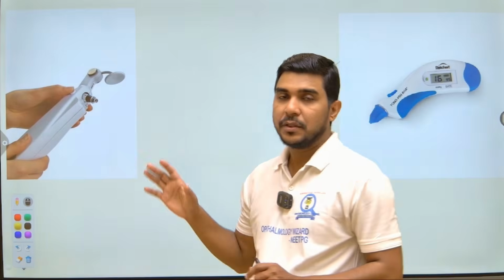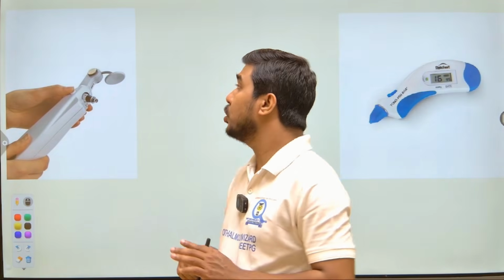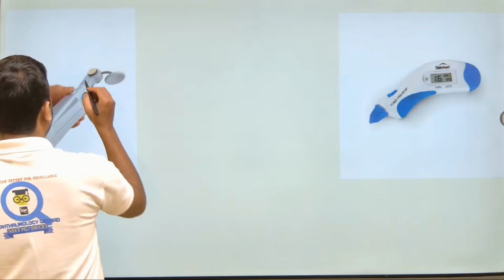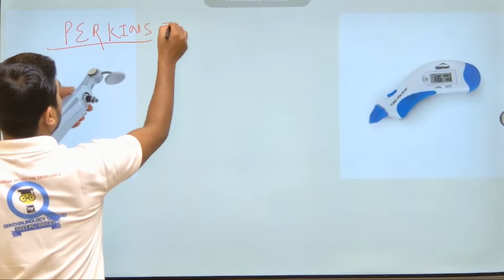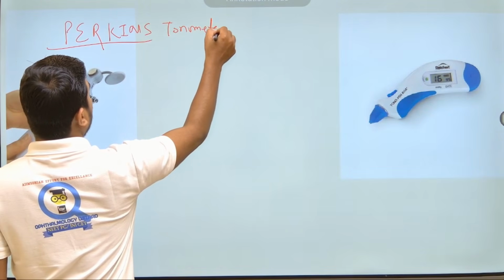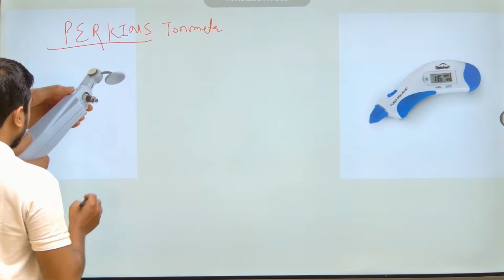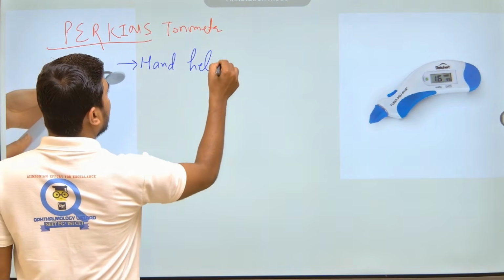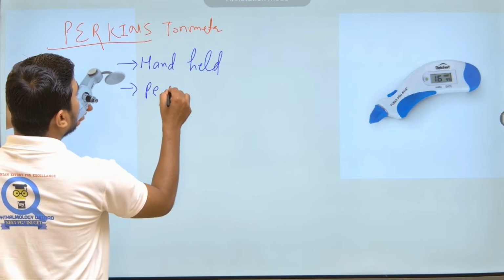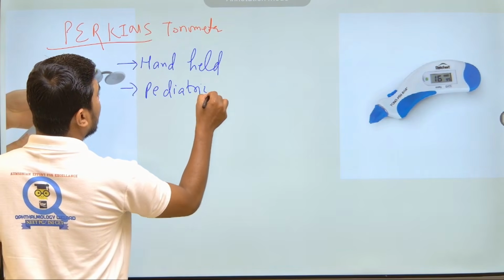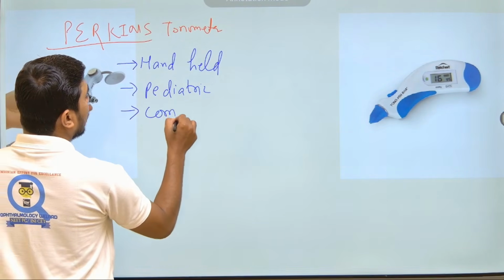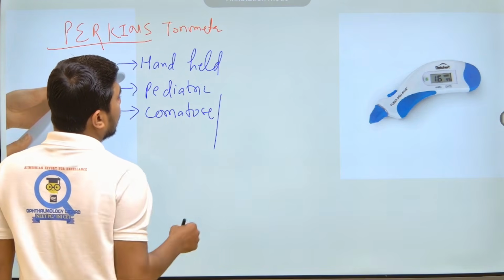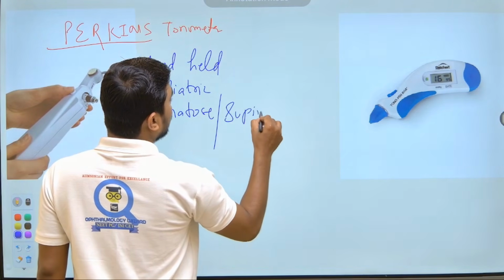Now, these are the different types of tonometers that are used. This is the Perkins tonometer. What is its specification? This is handheld, can be used for pediatric patients, comatose patients, and in the supine position.